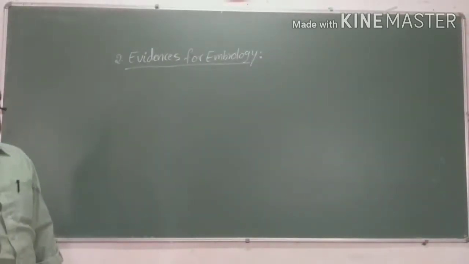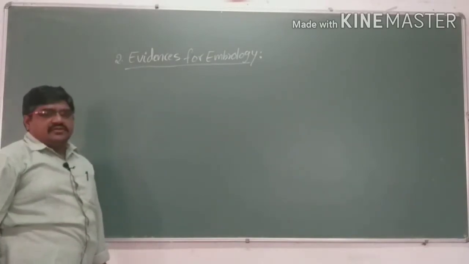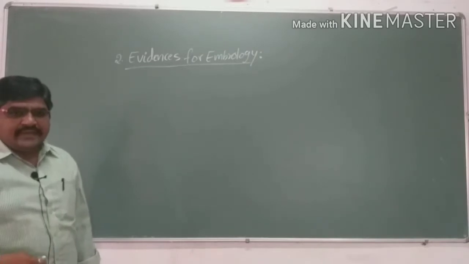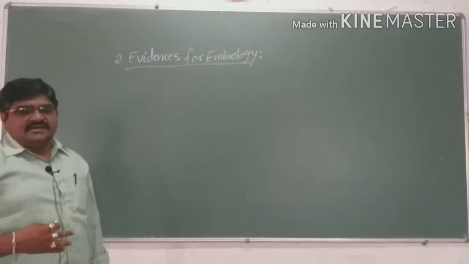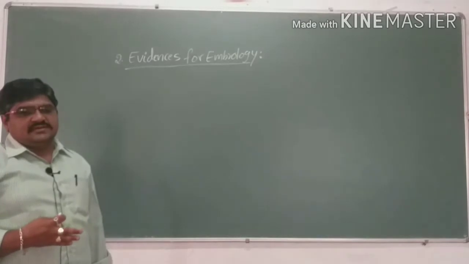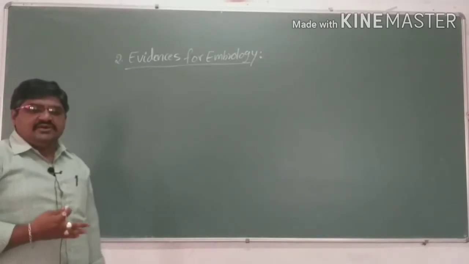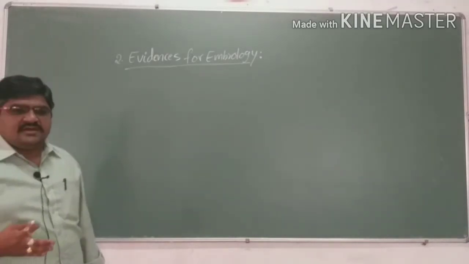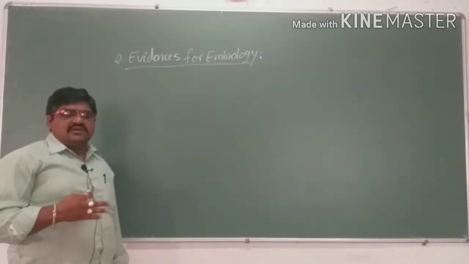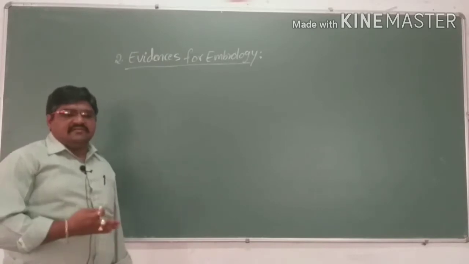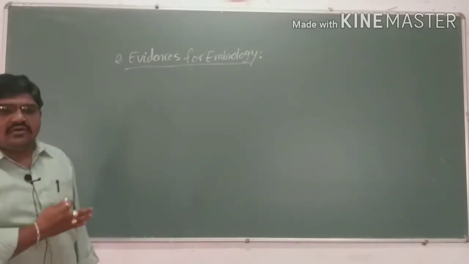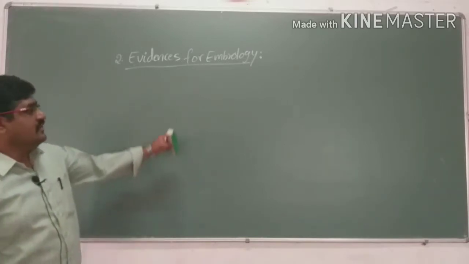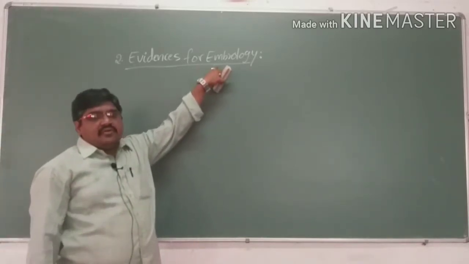Embryology means the development of an organism from embryo to adult. Here we study the embryo, from the egg stage to the adult stage, what stages take place, the detailed study of the growth of the fetus from a zygote to an adult. This branch we call embryology.